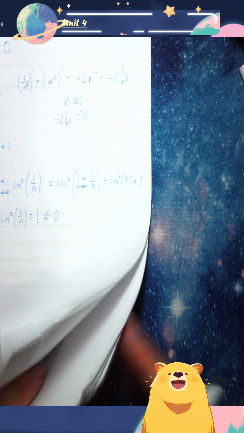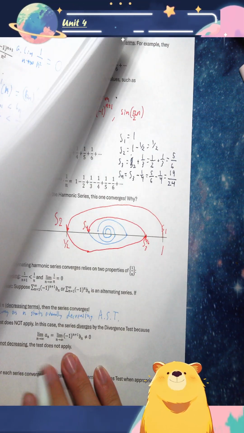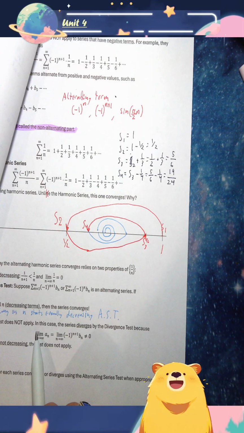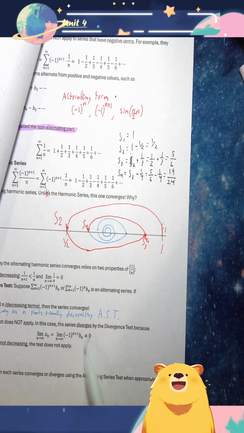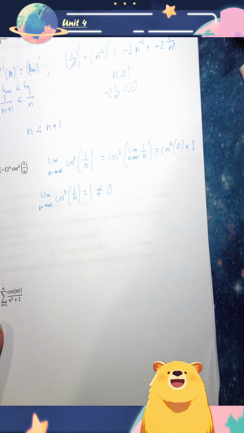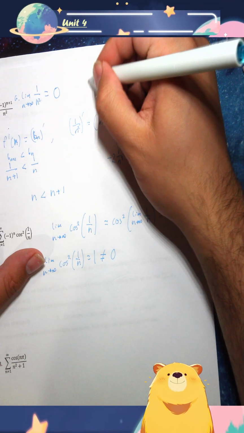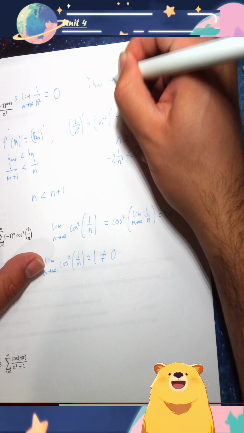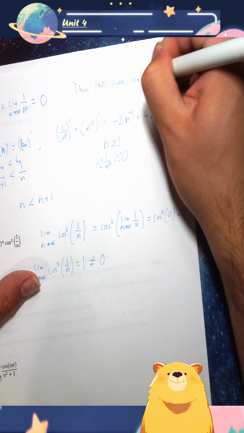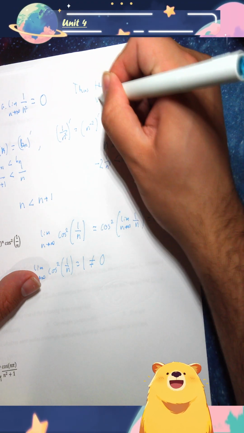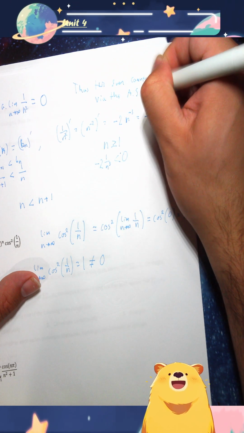So we have that special technicality that was just discussed, where if it doesn't equal 0, this test does not apply. Yet, the series diverges because of the divergence test. Oh, I forgot to explain the convergence part of this. Thus, this sum converges via the alternating series test.